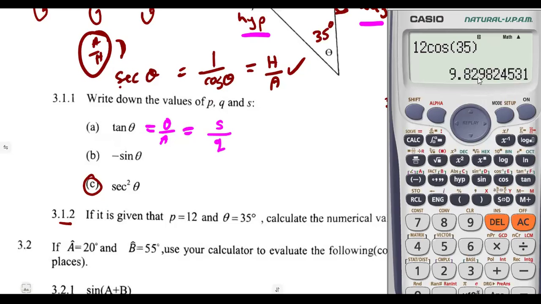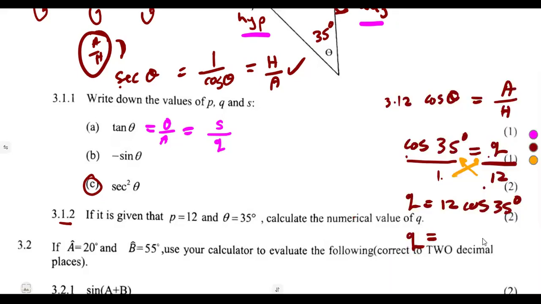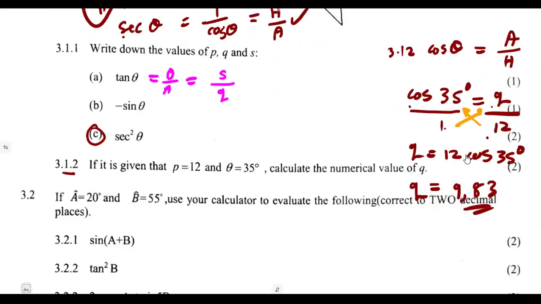So that was going to give us 9.83 to 3 decimal places, or you can shift, set up, fix on number 6, then press 3. It's going to be 9.830 to 3 decimal places. Why did I press 3 decimal places instead of 2 decimal places, guys? I need 2 decimal places there. 9.83. All right, so that's it, guys. We're going to have 9.83, or just round off, guys. It's not like using a calculator is the only option.